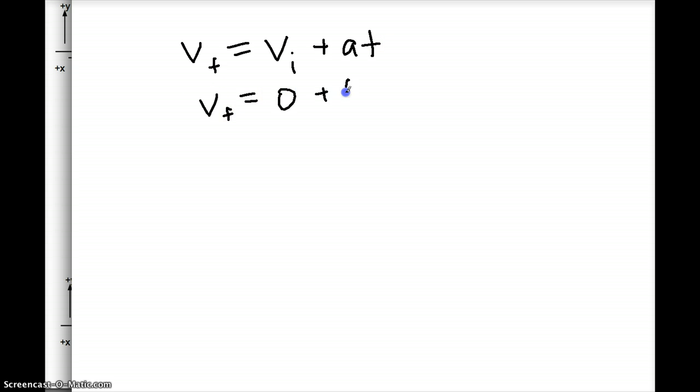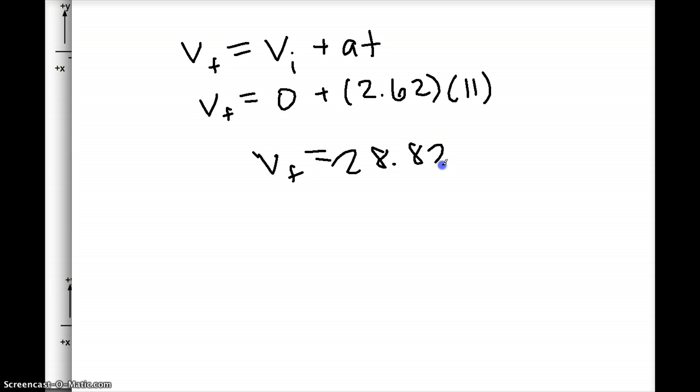It starts from rest, its acceleration is 2.62, and it's 11 seconds. And that equals 28.82 meters per second. To 2 sig figs, my final answer will be 29. All right.